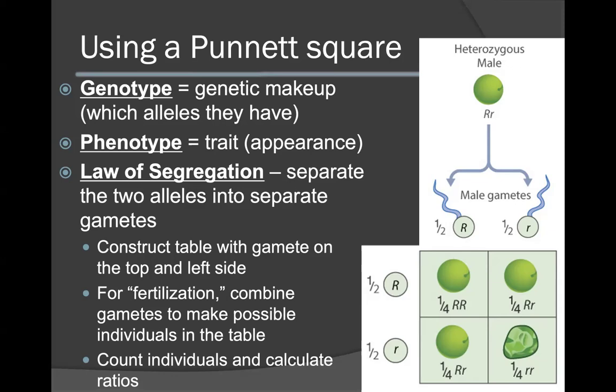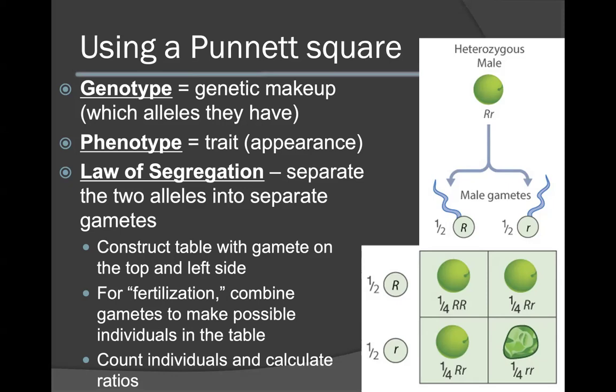When you simulate fertilization and try to determine what kind of offspring you would have from these two individuals, this is what we see in the middle of the Punnett square. If we had a big R from the male fused with a big R from the female, we would have a big R, big R offspring.